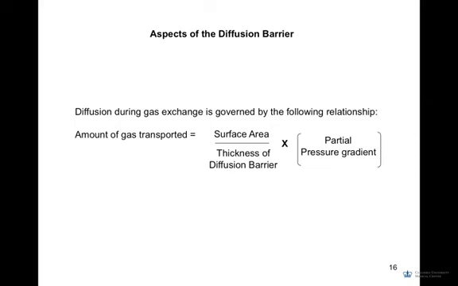Okay? So three very important parameters, and as we'll see in the next couple slides, the lungs are highly adapted to maximize these factors, right, or minimize in the case of thickness of the barrier, in order to maximize diffusion at the site of gas exchange.